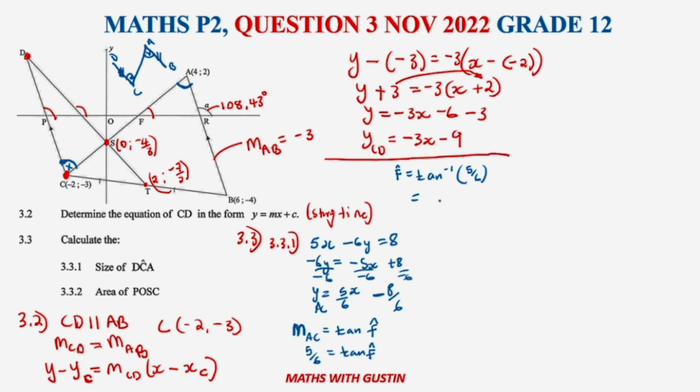It's already positive, guys, so there's no need to worry about accounting for a negative. If you punch this in our calculator, we get 39.81 degrees.